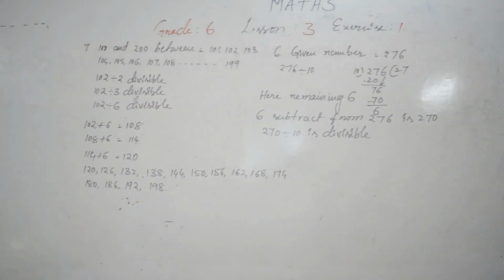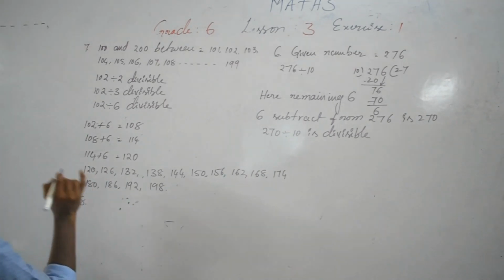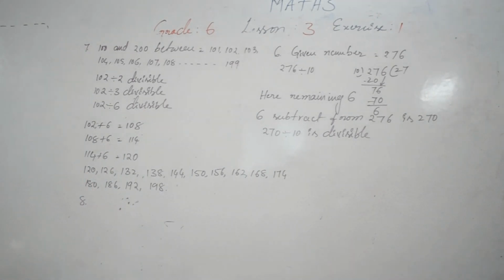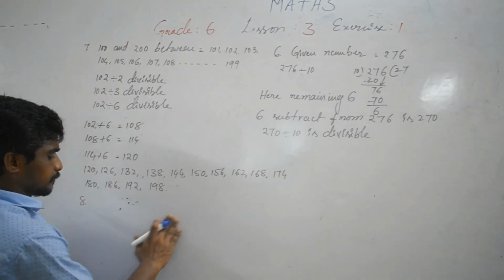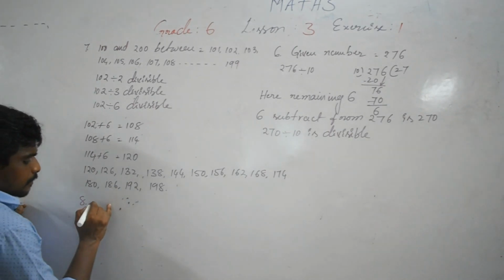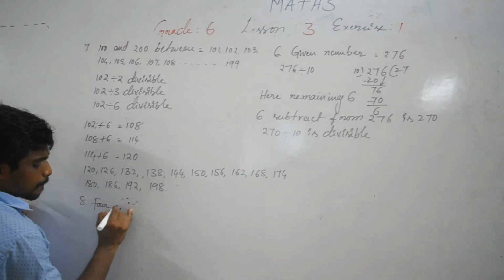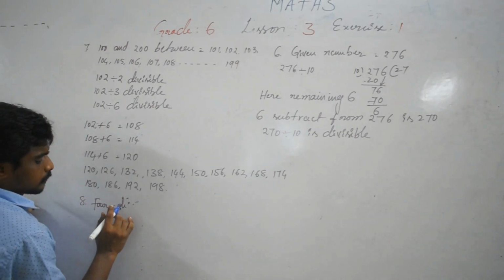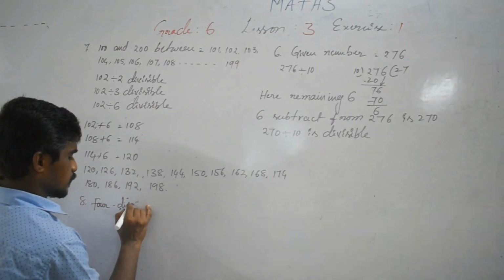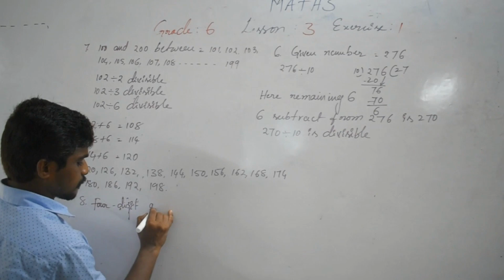Next one, eighth one. Write the greatest 4-digit number which is divisible by 9. It is also divisible by 3. What do you notice? So write the greatest 4-digit number.